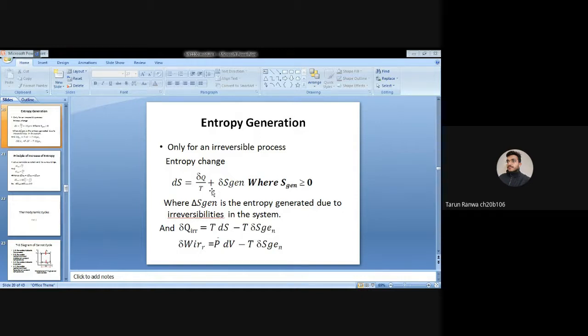It can be zero, but it can't be negative. Here delta S generation is the entropy generated due to irreversibilities in the system, and dQ irreversible equals TdS minus TdS generation. Also, we can write dW irreversible equals PdV minus TdS generation.